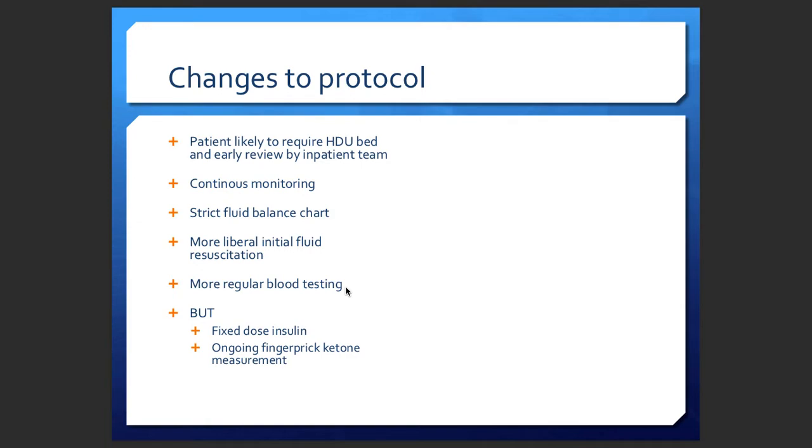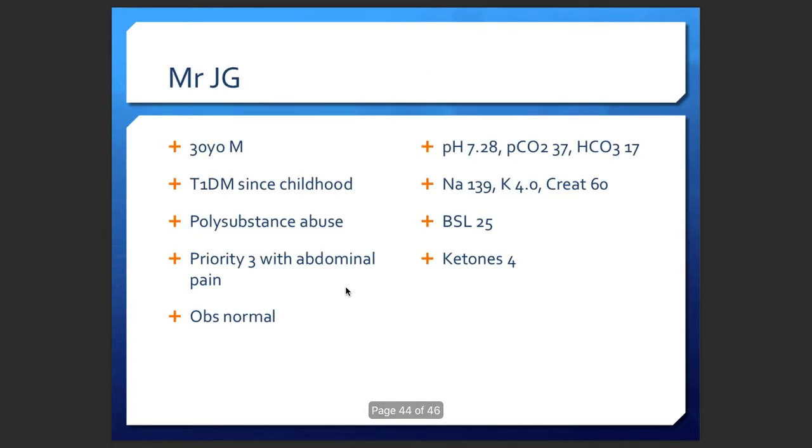But in the meantime, the important thing was two things. You must give fixed dose insulin, no sliding scale, fixed dose insulin. And the other thing is, even when we are trying to measure the ketone, it should be done with the finger prick, not with the urine. Okay? So these are some of the important things which have been changed in the new protocol, which should be adopted.